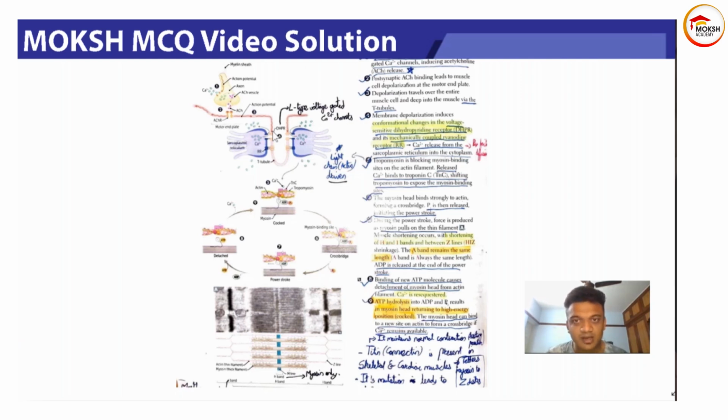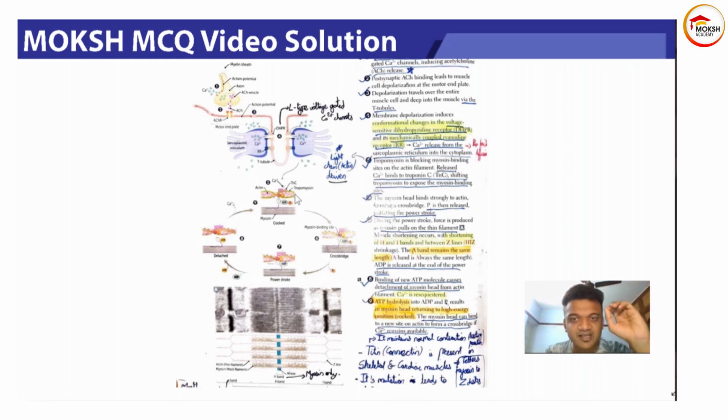But how does it contract, right? First of all, the calcium is released, it binds to troponin C. As soon as the calcium binds to troponin C, there is a shift of tropomyosin to expose the myosin binding site. We all have learned this, I'm just repeating it. This is the tropomyosin, and it will move.